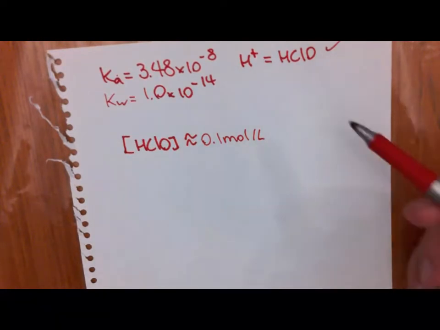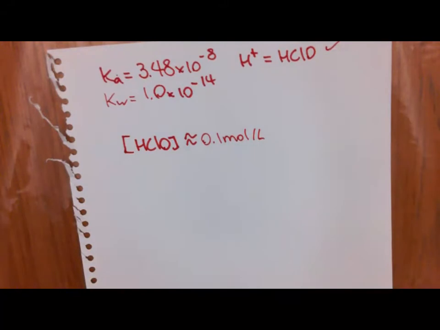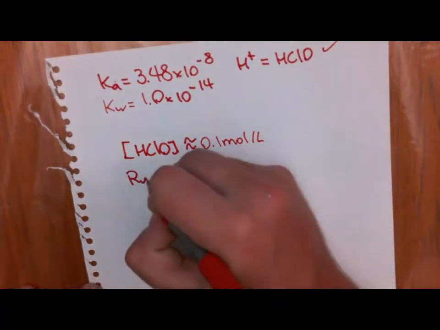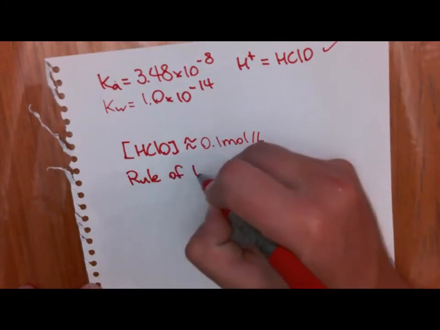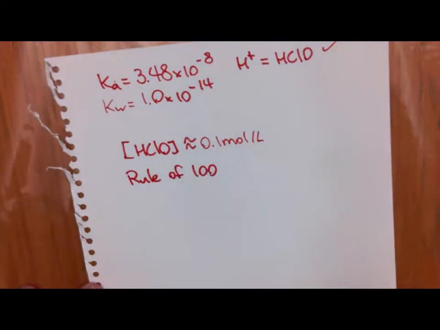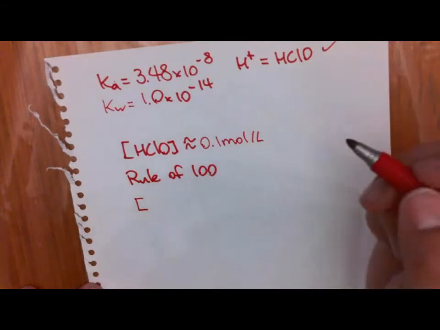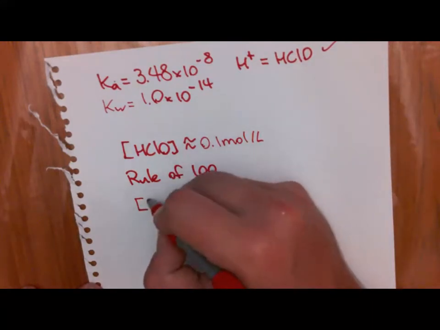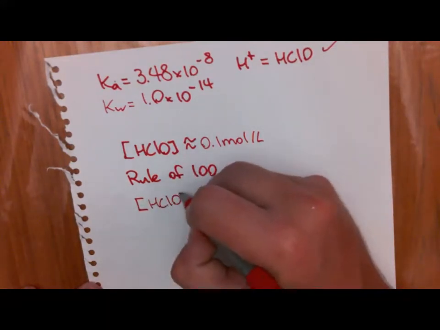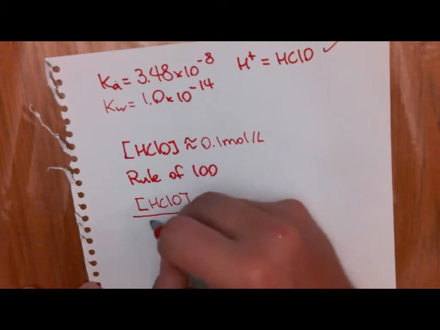So we're basically going to reverse engineer in order to solve for our rule of 100. As we know, with our rule of 100, we take the concentration of whatever acid we have, HA, in this case HClO, and divide that by our Ka.